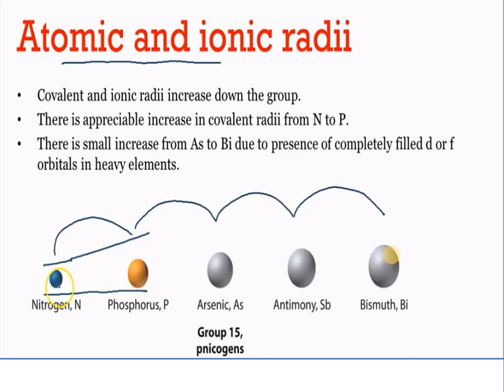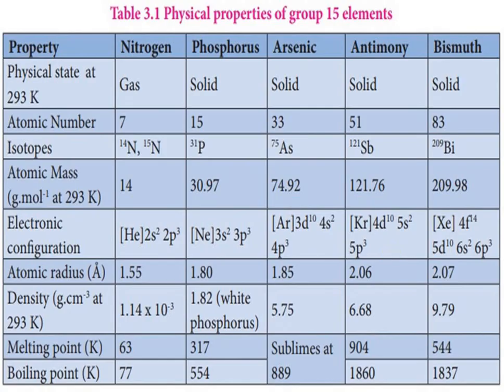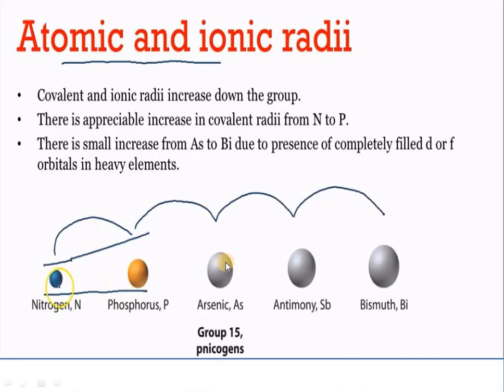There is an appreciable increase in covalent radii from nitrogen to phosphorus. You can see from here, nitrogen atomic radius is 1.55, 1.88, 1.80, 1.85, 2.06, 2.07. So here the variation is there, the atomic radius increases down the group. There is a small increase from arsenic to bismuth, the reason being the same.